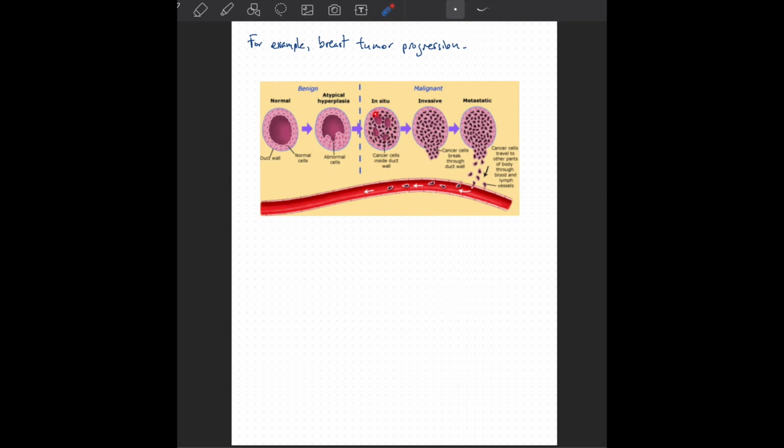It hasn't escaped the duct yet, but it is cancer in the sense that these cells are now morphing, and that all comes down to the events that we just talked about.